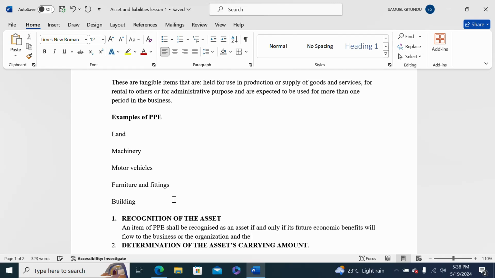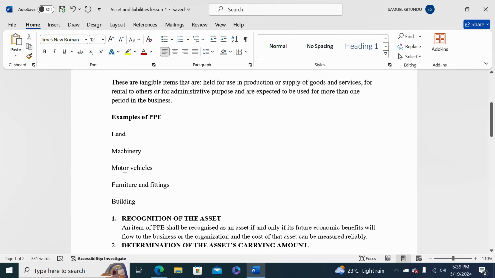The cost of that asset can be measured reliably. For example, if you have a building and there's no way that that building will benefit your business or your farm or your organization, then that building cannot be recognized as an asset under property, plant, and equipment.